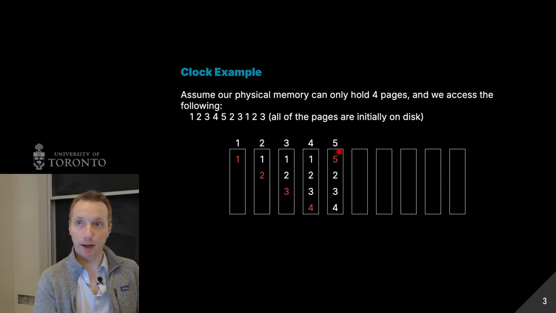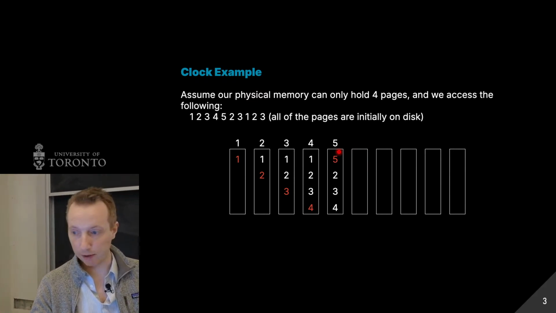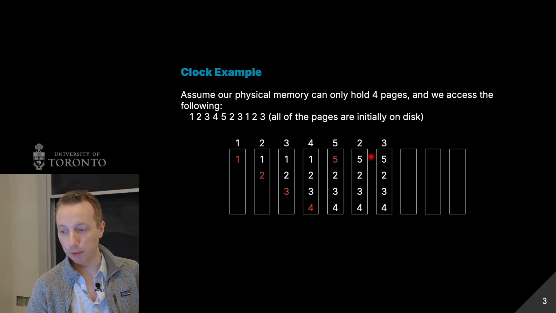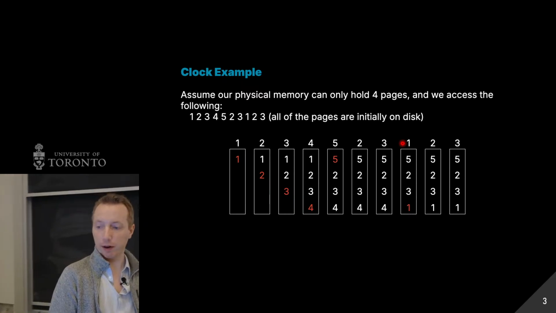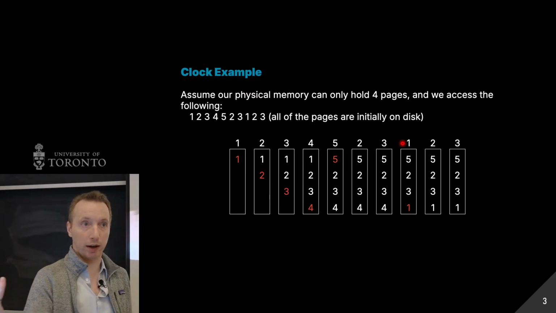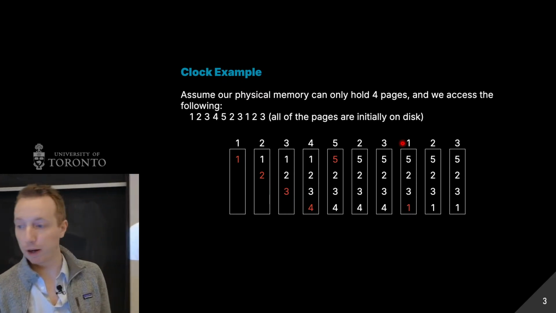Then on this diagram, it doesn't have to do with the hand. That's the actual algorithm. So 2 and 3 were a hit. And then when we access page 1 again, we threw out page 4, right? And then the next 2 were hits. So in this case, our number of page faults is 6. Fun, huh?